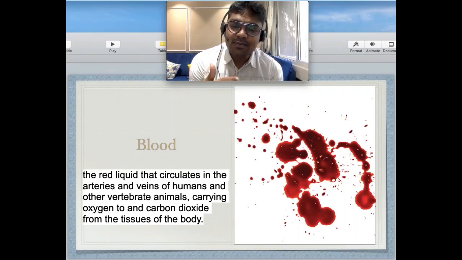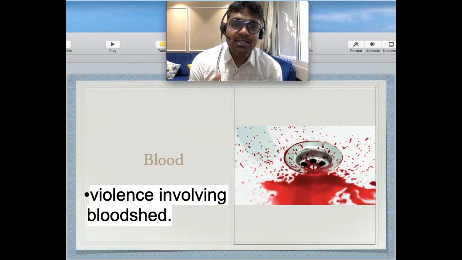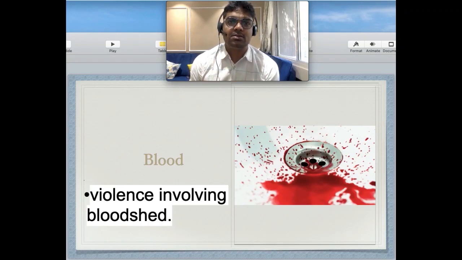But I don't think we are talking about this meaning in this rubric. What we are talking about in this rubric is blood which signifies violence or bloodshed.